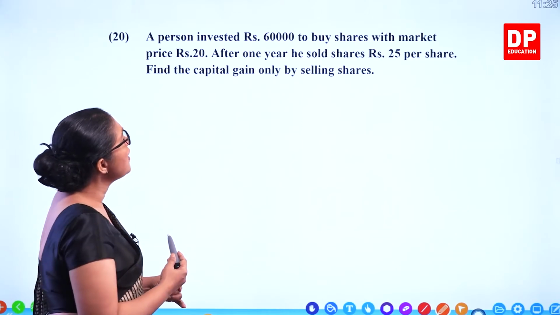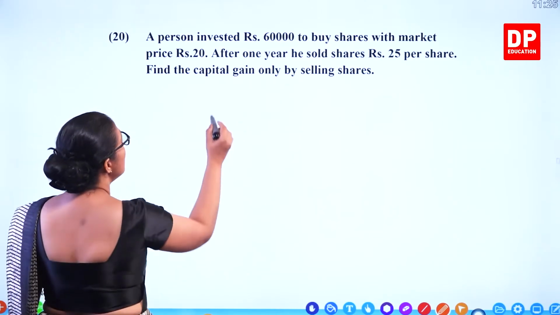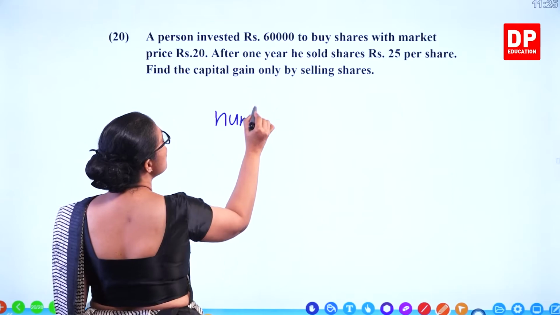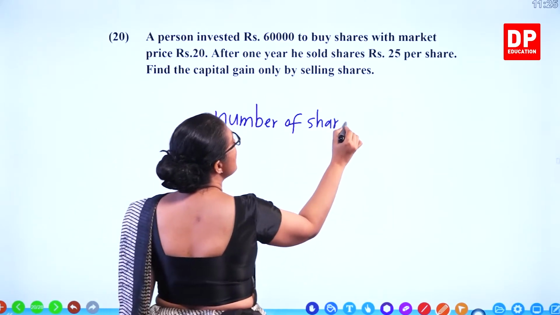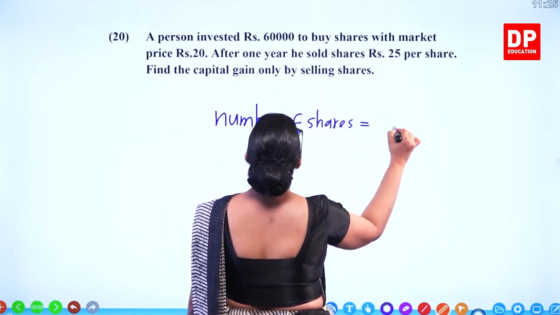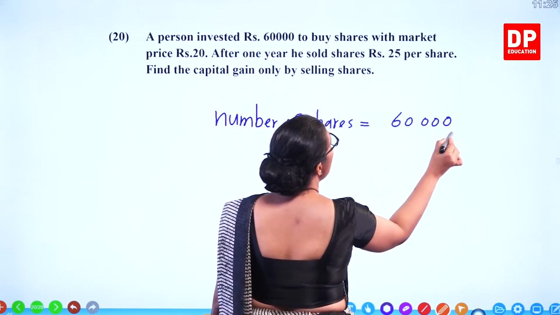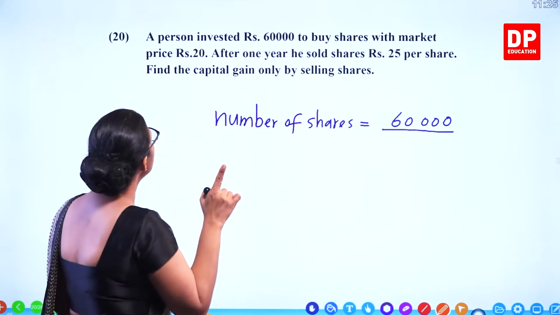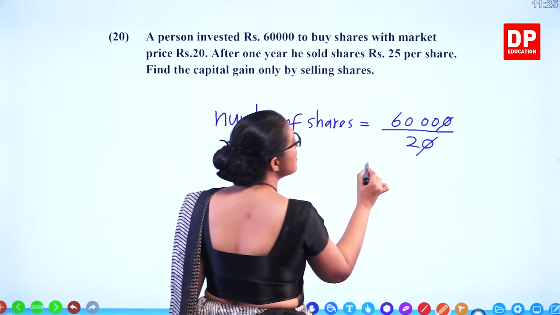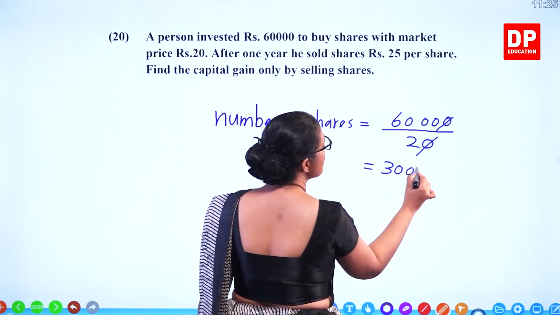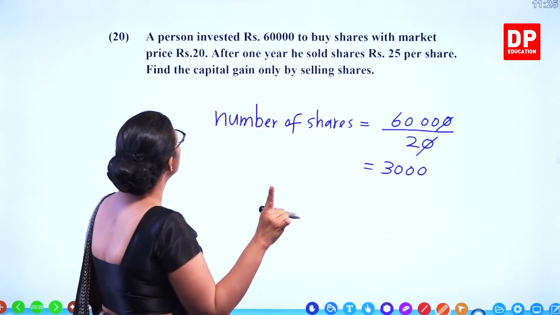So we need to find out how many shares there are. Invested amount is 60,000. And what's the buying price? Market price is 20. So divide by 20. You get 3,000 shares.